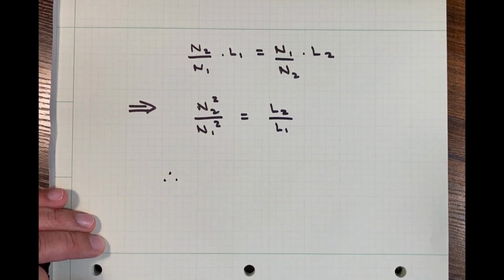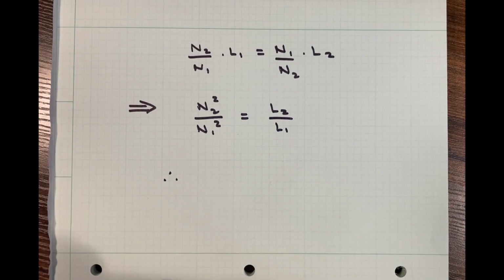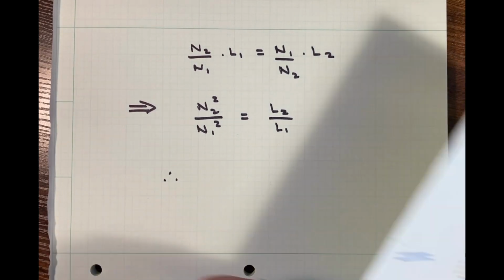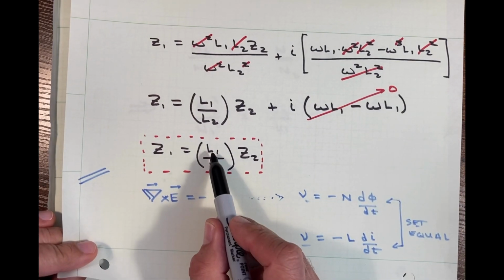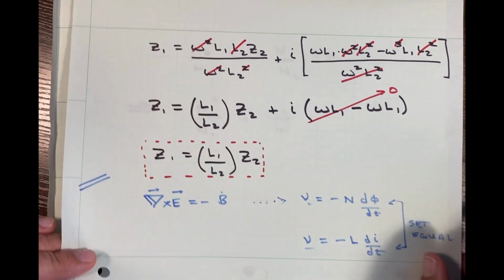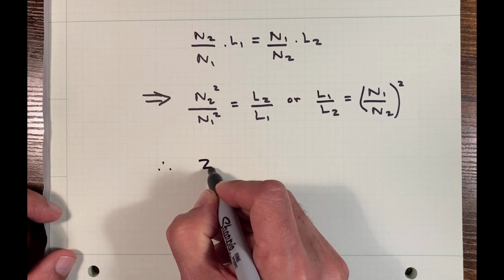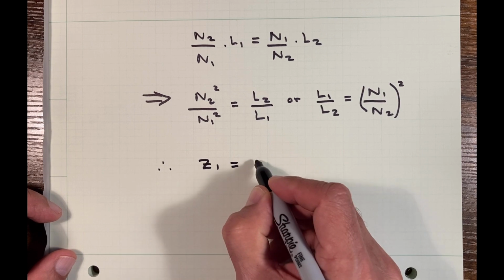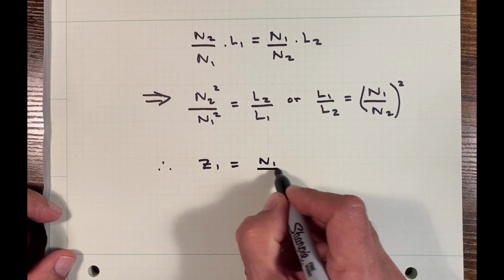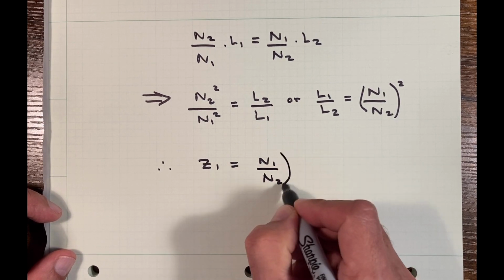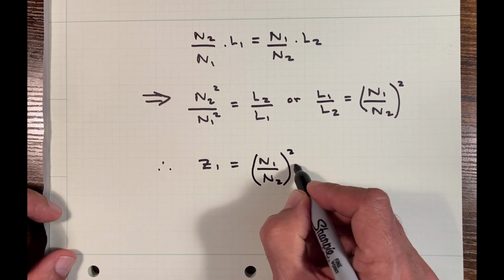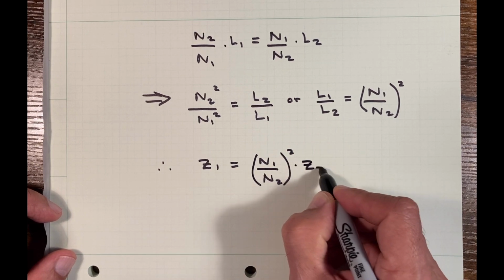Therefore, going back to our other intermediate result, which we needed to have L1 divided by L2, Z1 equals (N1 over N2) quantity squared times Z2.